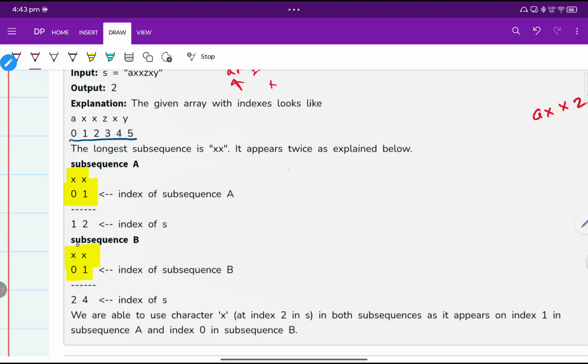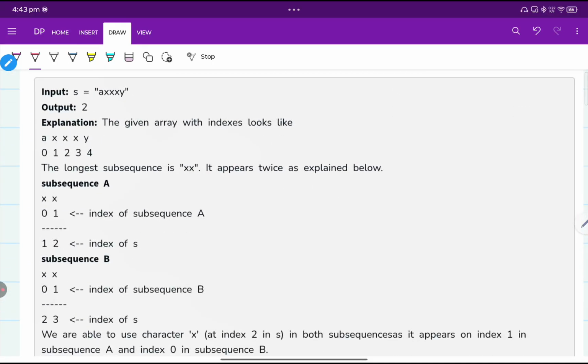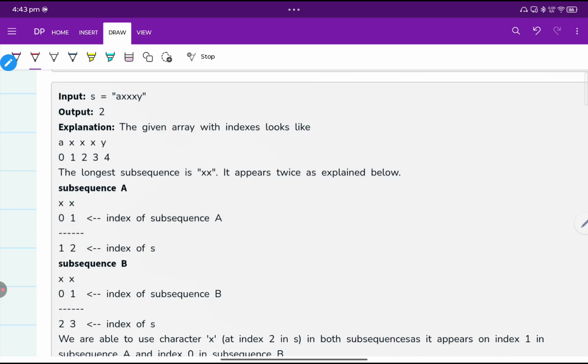In this other case, this x is taken from index 2 and the other x is taken from index 4. That means these two x's don't have the same index.